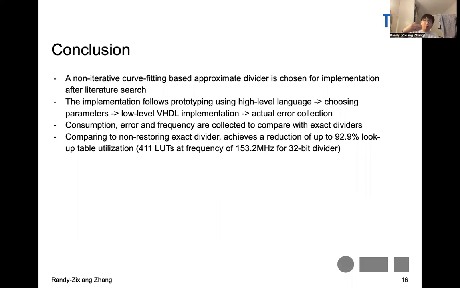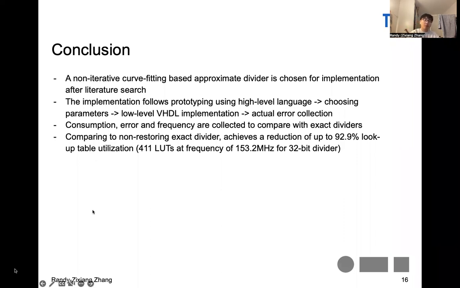We followed four stages. First, we prototype using a high-level language, and then we choose the configuration parameters based on our prototype results. Then we go for the low-level VHDL implementation, and we collect the actual error data from our simulations and compare it with the error statistics that we obtained from the prototyping.